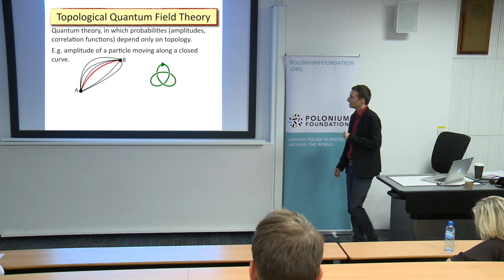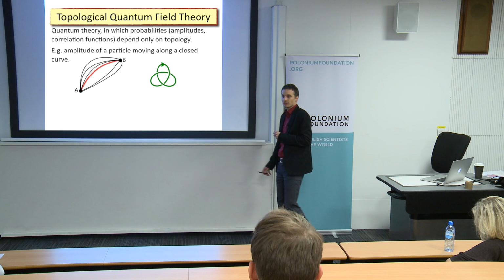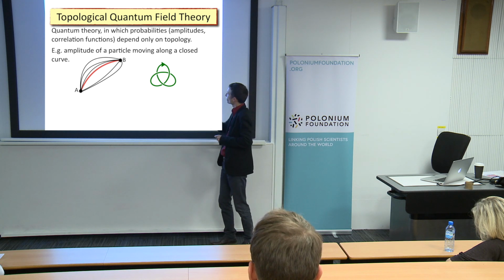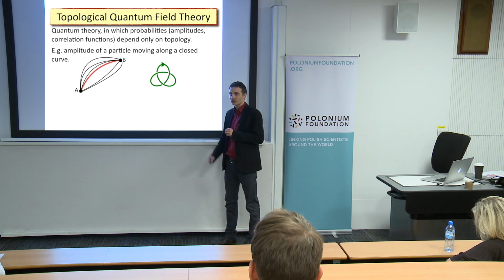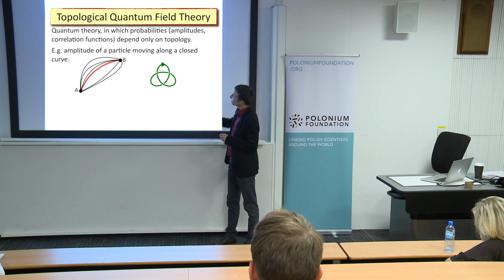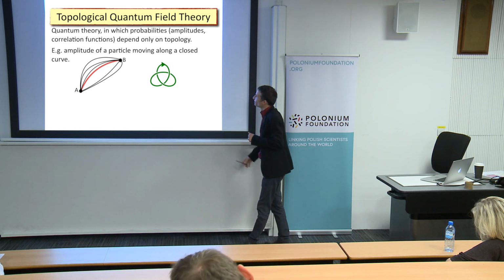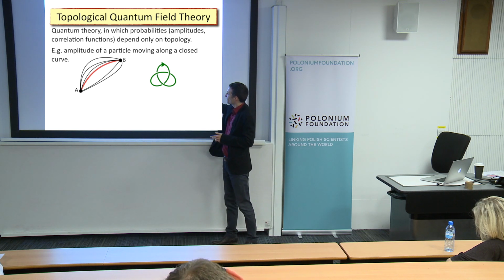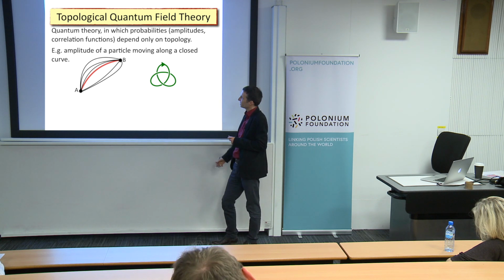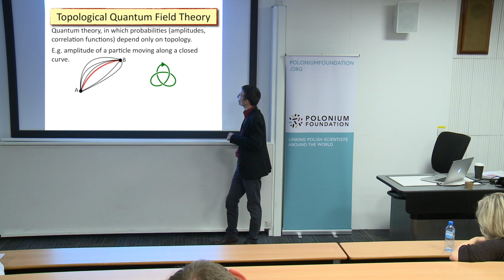And there is one example of such a theory where you can consider particles which move along trajectories which are knotted. And then the statement that this theory is topological is the statement that the amplitude of moving along some trajectory depends only on topology. So in this case, it depends on the way in which this trajectory is knotted, and not on a particular shape of that trajectory.